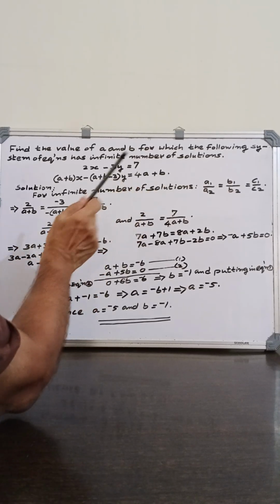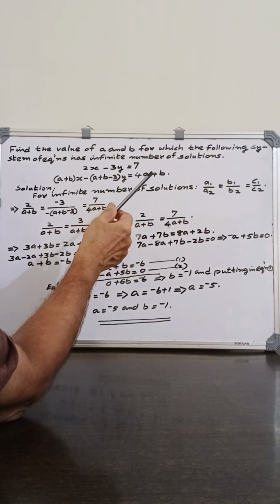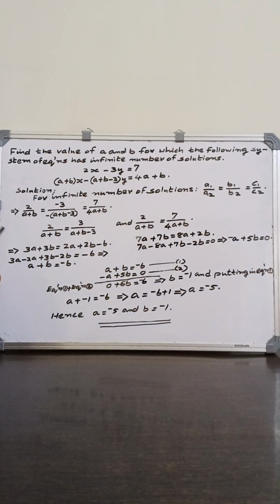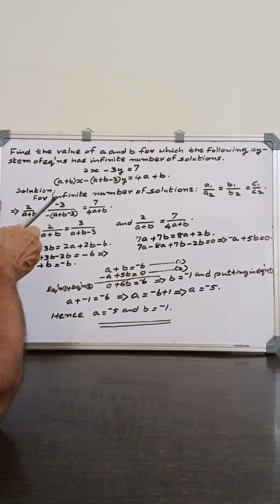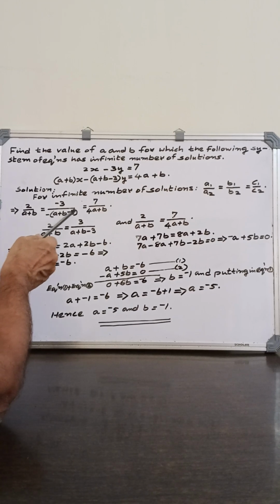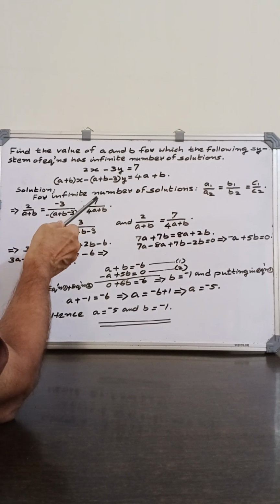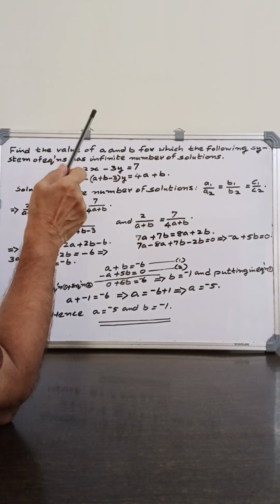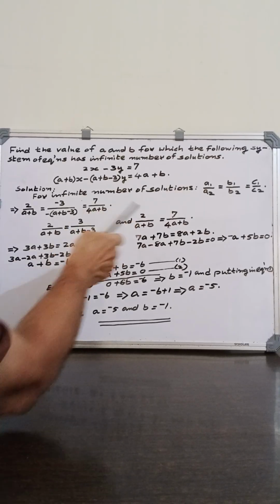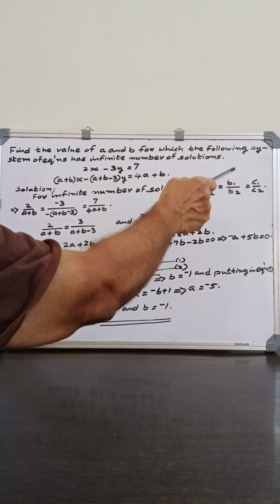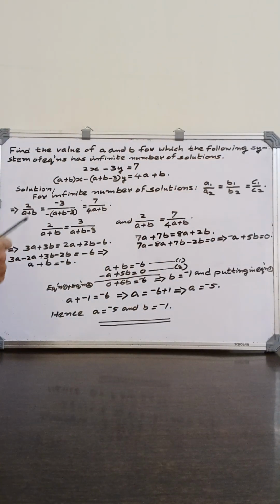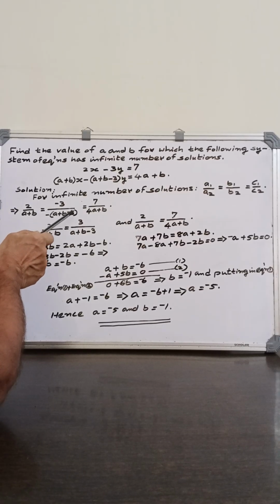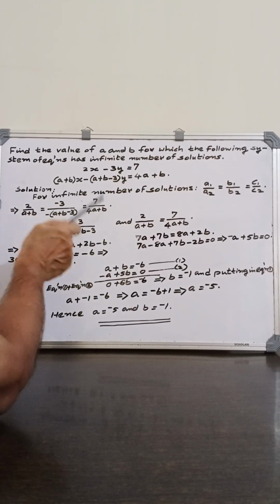That is positive, therefore we need not worry about negative signs here. So, 2 by a plus b equals minus 3 by minus of a plus b minus 3 equals 7 by 4a plus b.